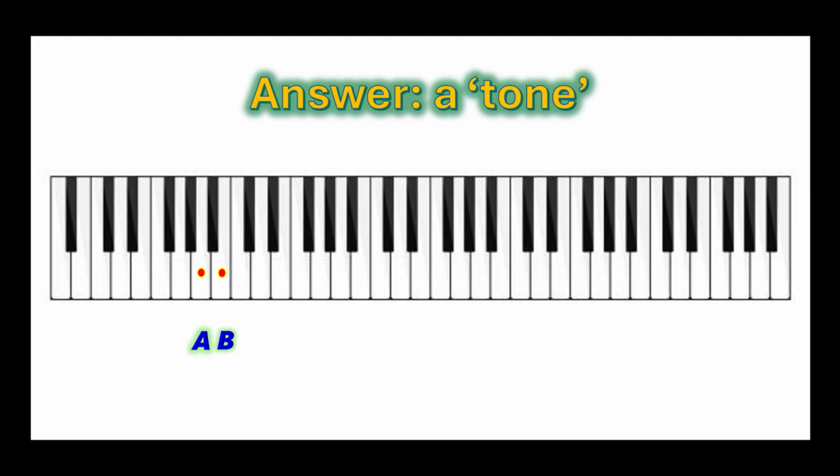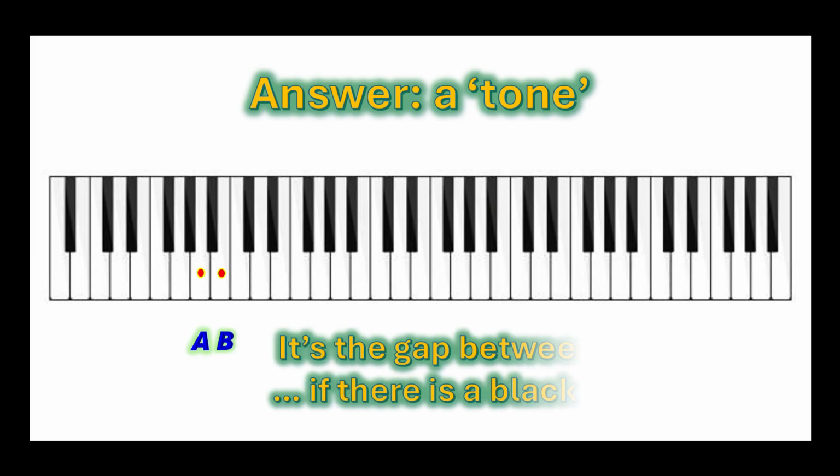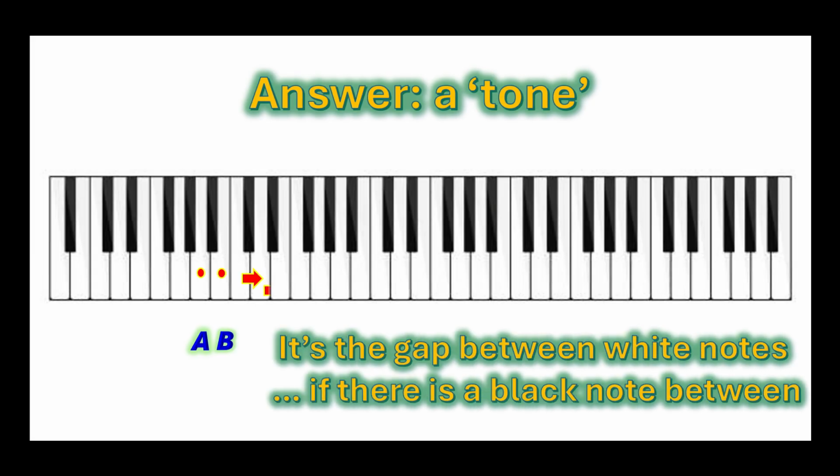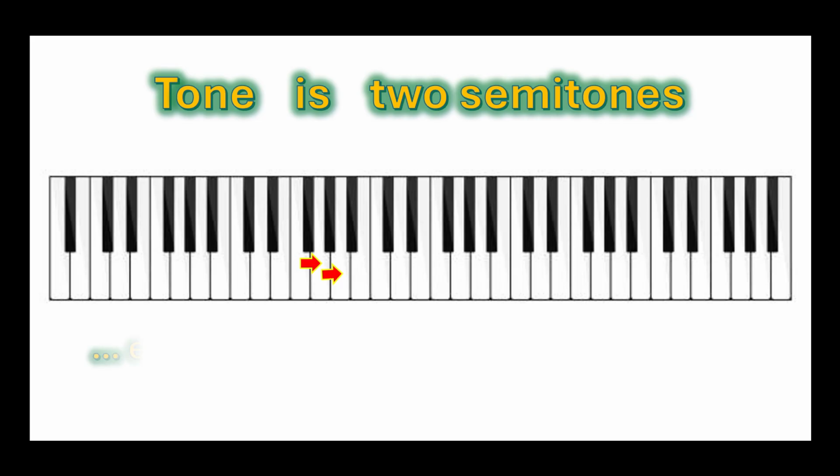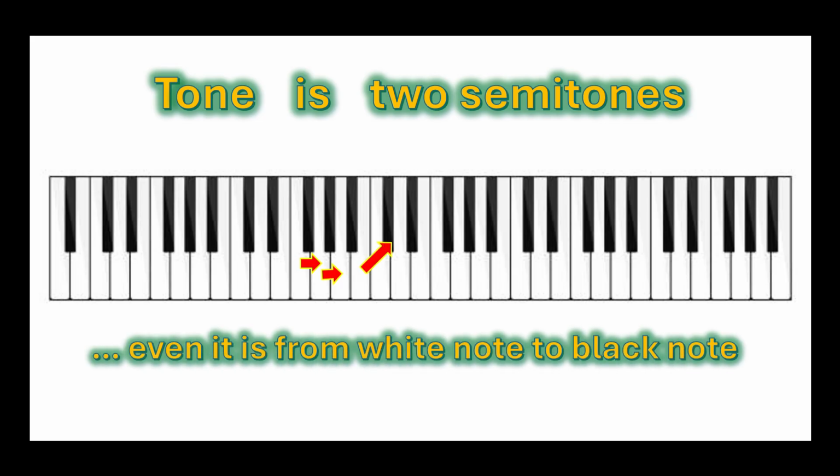A tone is two semitones, so therefore it's the gap between two white notes if there's a black note in between. If there's no black note in between, then it can be from a white note to a black note. For instance, from B to C sharp, or from E to F sharp.